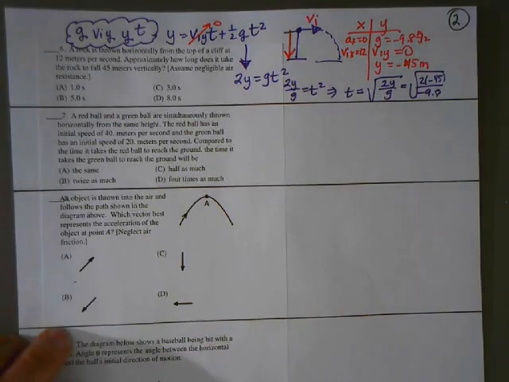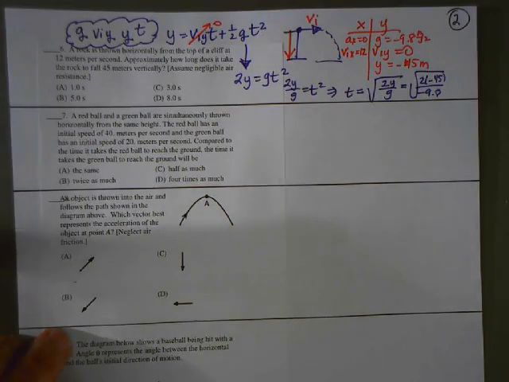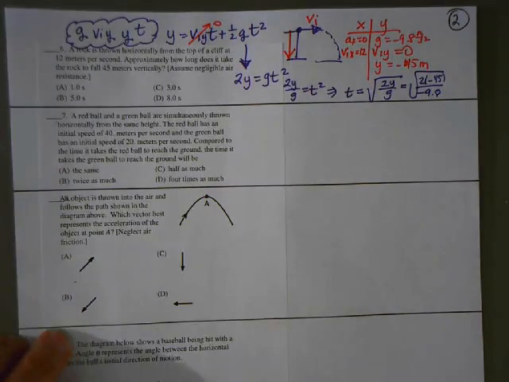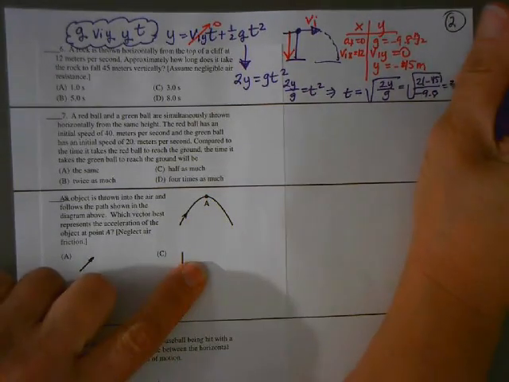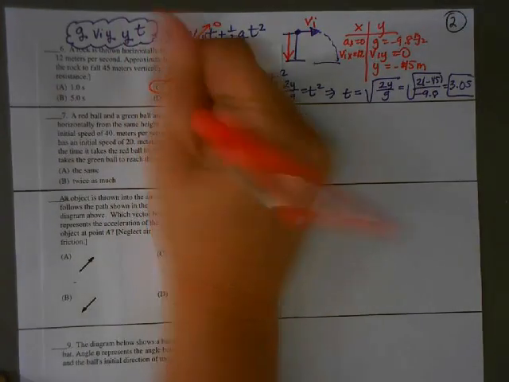And then divided by 9.8 and the square root. So it comes out to be 3.03. So we'll just say 3 seconds. So the answer to number 6 is C.